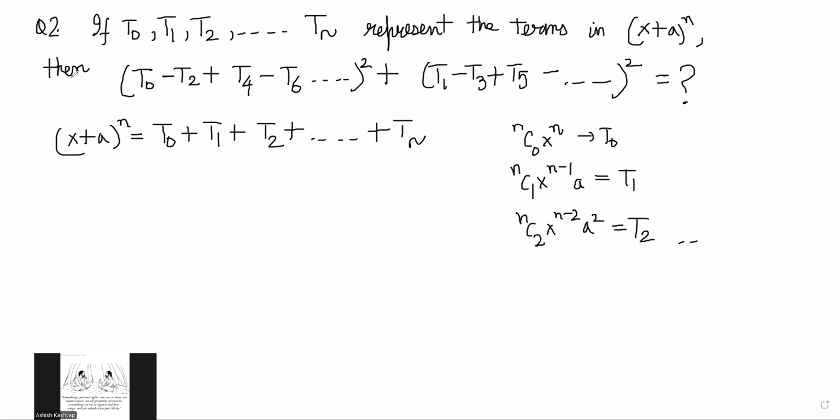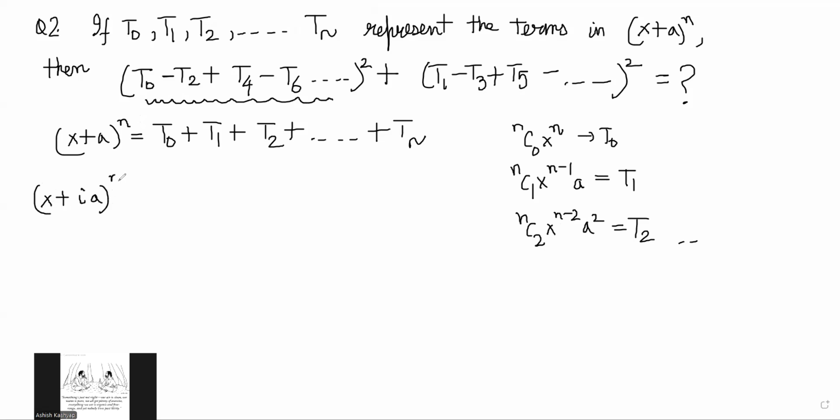So I want to collect all the even terms, but I want them to come with alternating sign, right? So what can we do to get that? So let's replace a with ia.